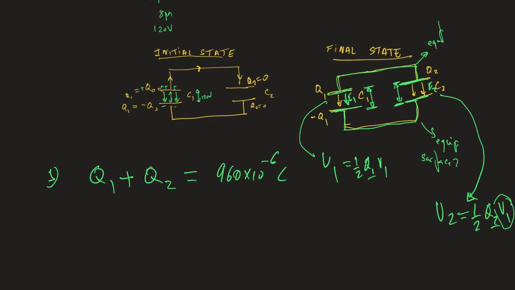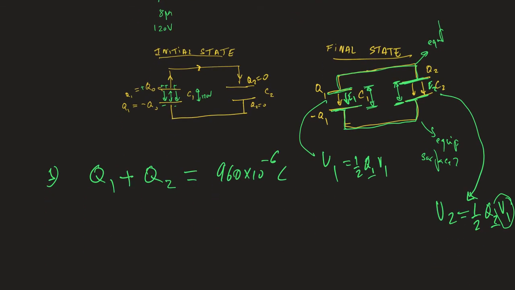The second relation is that they will be maintained at the same difference in potential. So what will be the difference in potential here? C1 is the charge that you place divided by the potential that you put, and C2 is the charge that you place divided by the potential that you have.